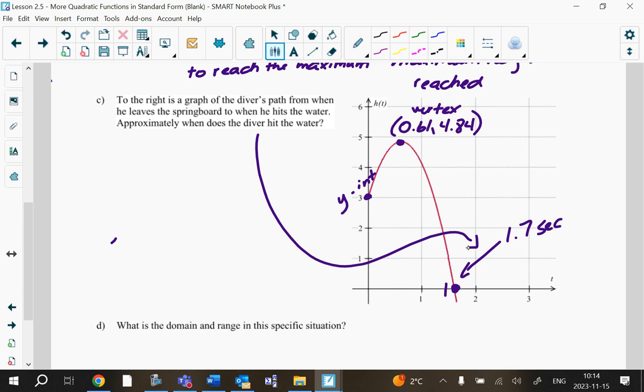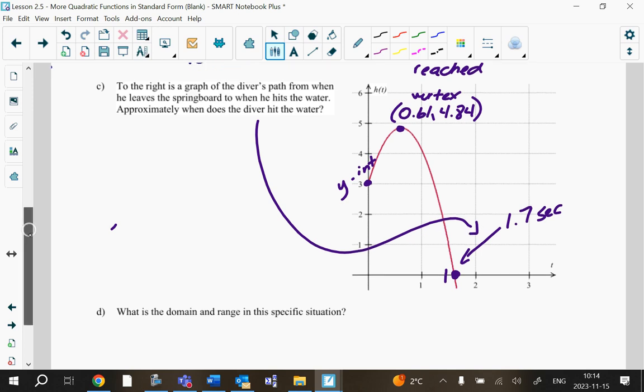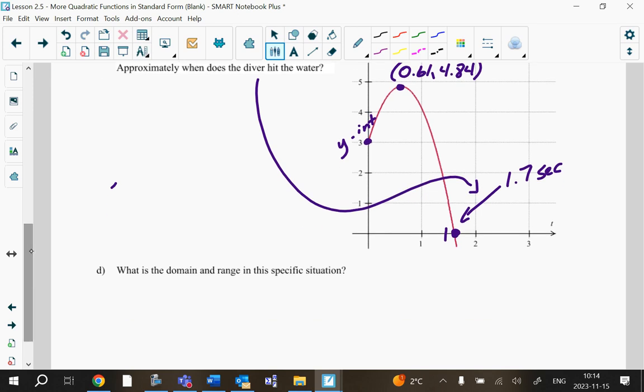Finally, what would be the domain and range of this situation? Don't include the time underwater. Just include the time from the start of the dive until you hit the water. What would be the domain? What's the furthest left point?